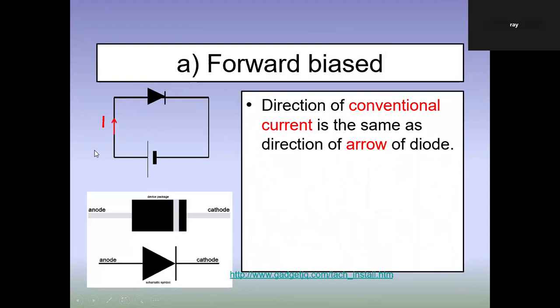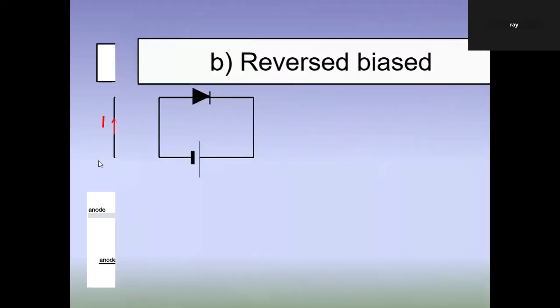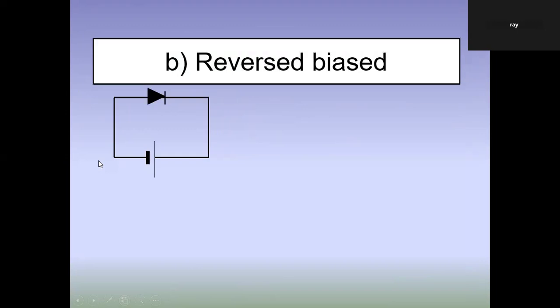The rectifier conducts and has zero resistance. When it's forward bias, you can consider it as a conductor, zero resistance. A real diode has low resistance. An ideal one has no resistance. The ideal one is in the mind of scientists only.